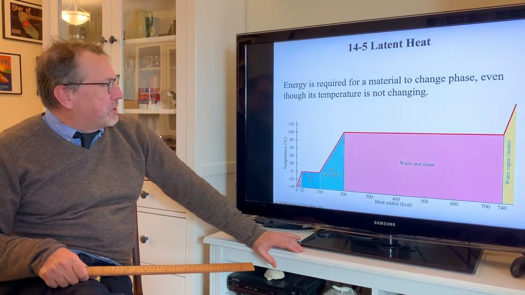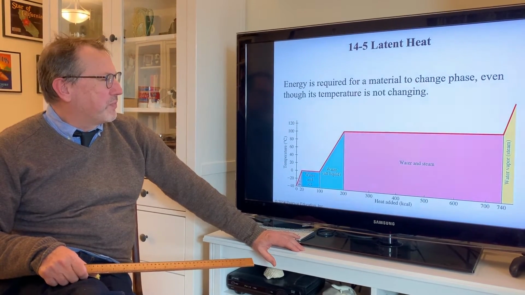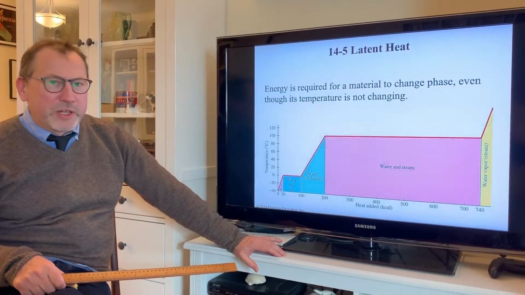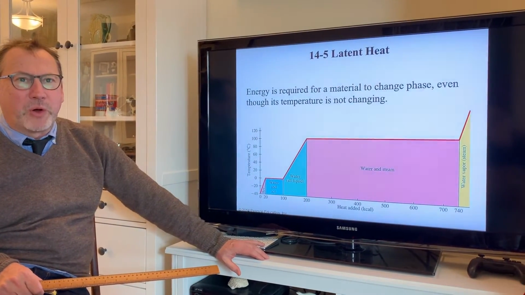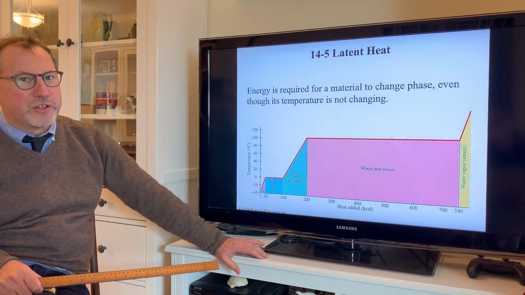This is an important diagram, and usually I want you to be able to sketch this, okay? So we know that when we heat water up, at some point it starts boiling and the temperature doesn't change, okay?